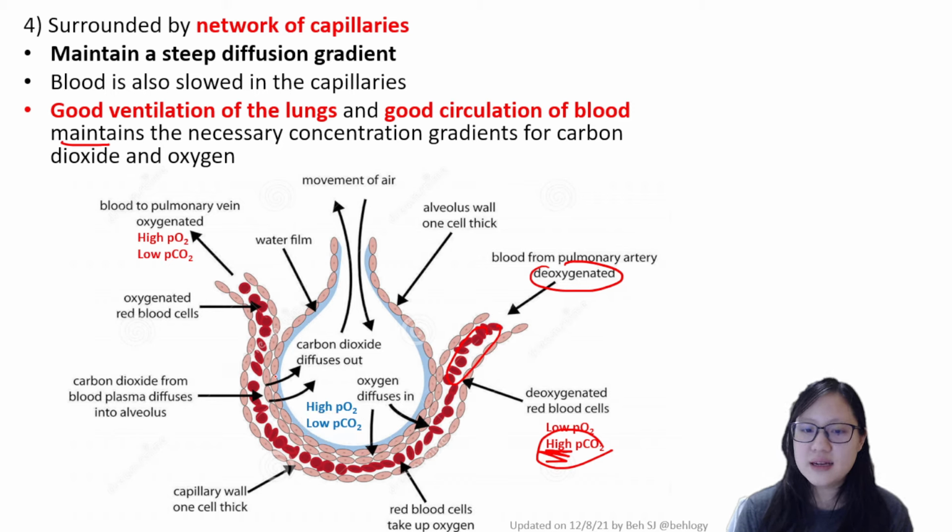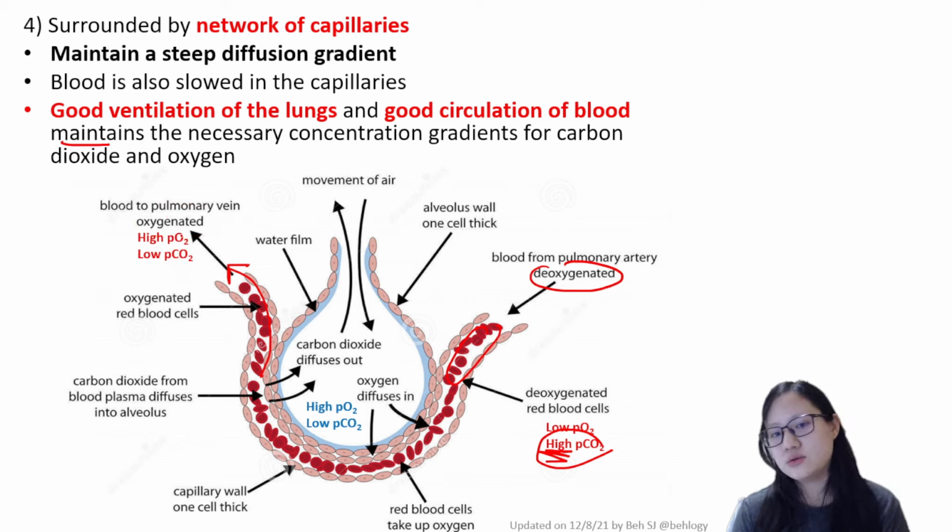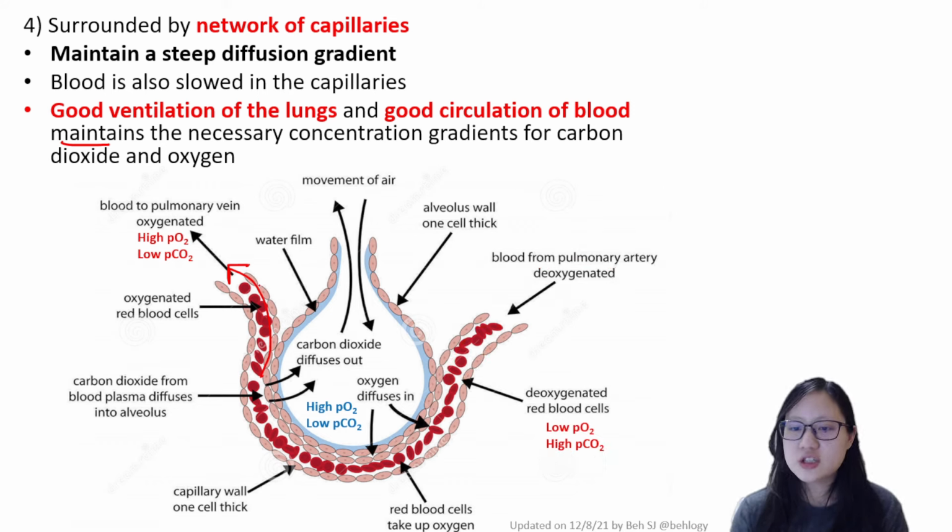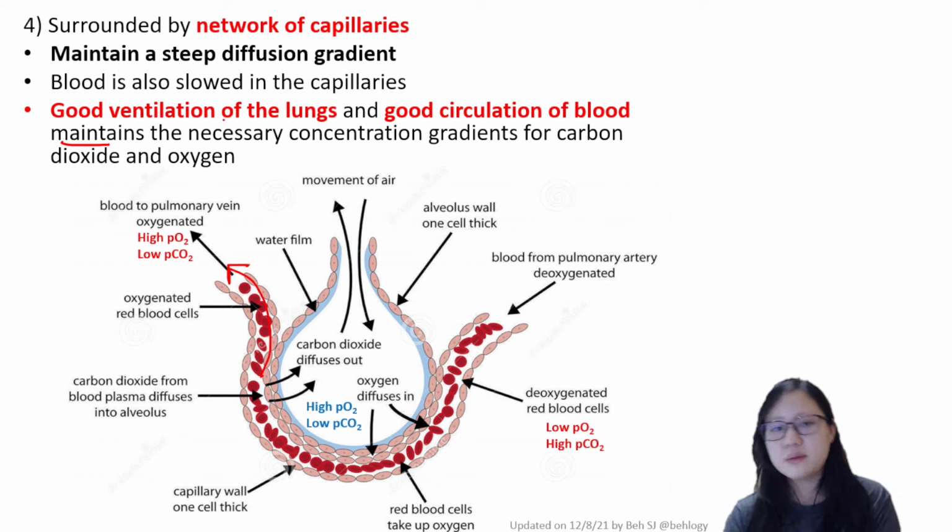So when blood is leaving the lungs back to the heart, it will be oxygenated with more oxygen than before and less CO2. So yeah, this structure here is incredibly important for gas exchange.